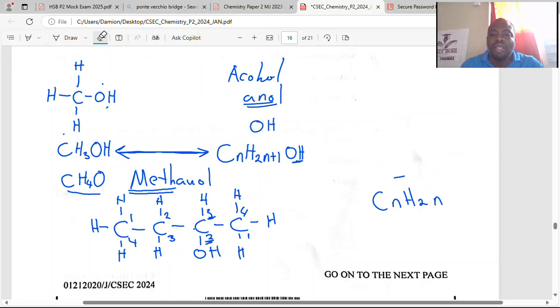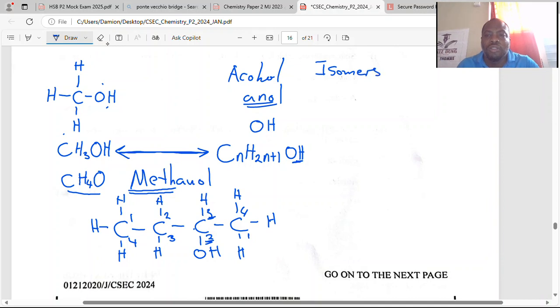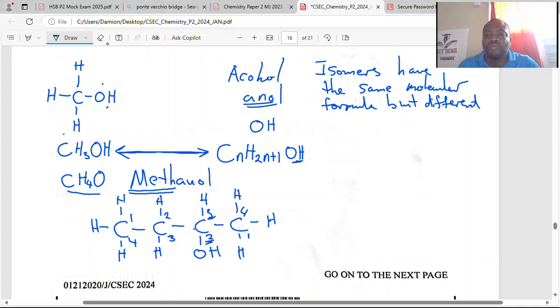Now, isomers are technically compounds having the same molecular formula but different structural formula.